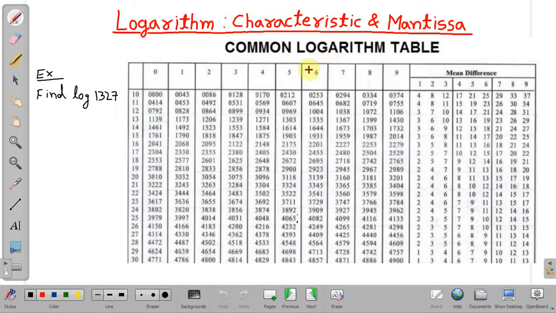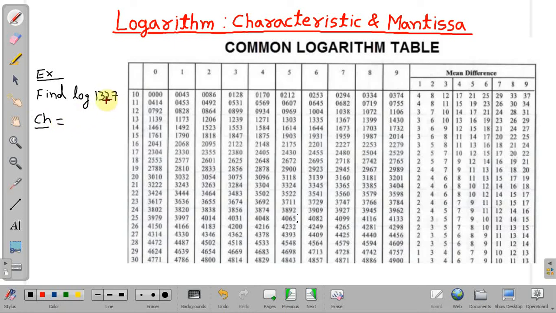Okay, so suppose we have to find the log of 1327. When we have to find the log of a number, first we have to find the characteristic, then we have to find the mantissa, and only then can we find the log of the number. Here I am writing the characteristic as ch.